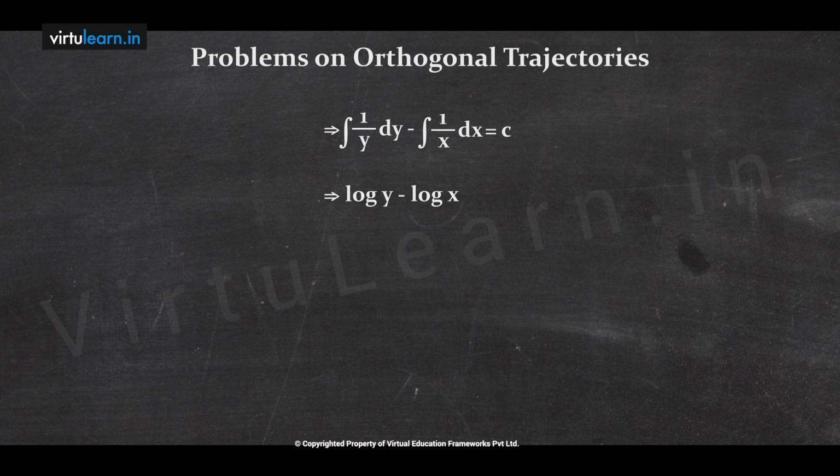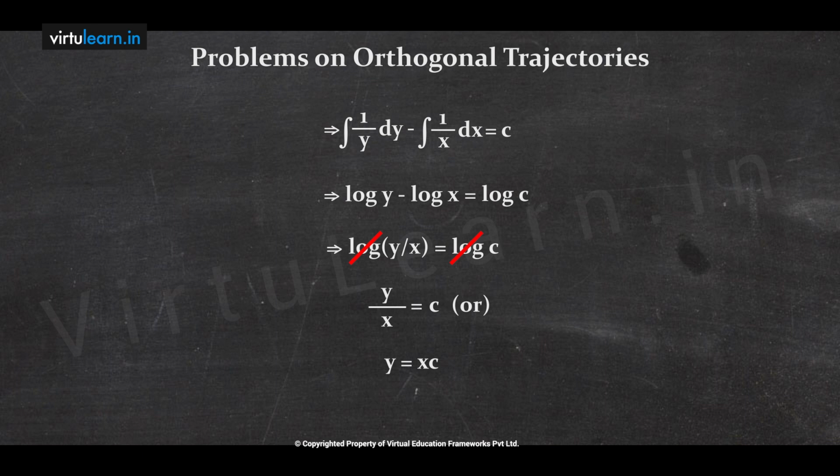C is unknown, log c is also unknown. Now log y minus log x equals log c. Then by the formula log a minus log b, log y by x equals log c. Then on cancellation of log, we get y by x equal to c, or y equal to xc.